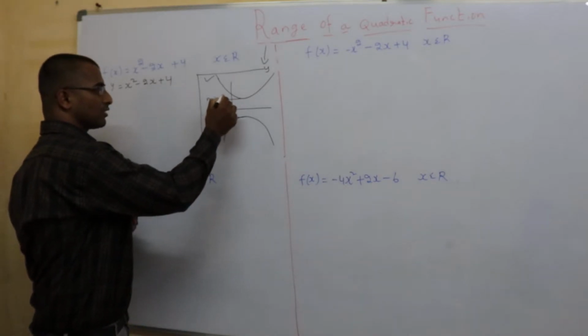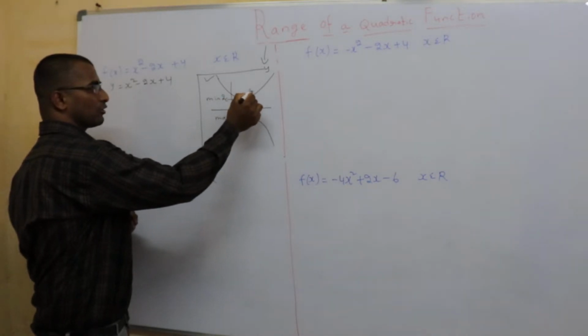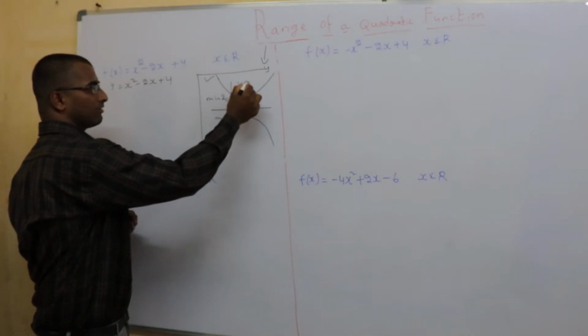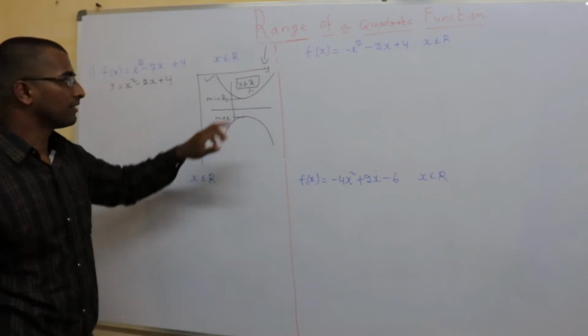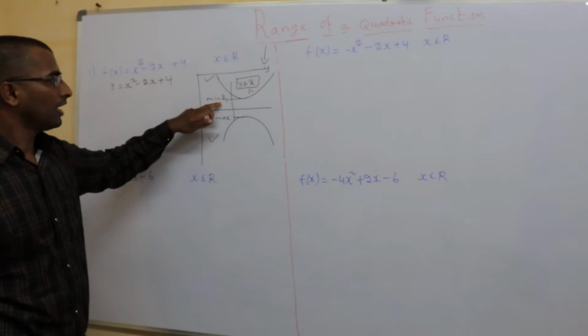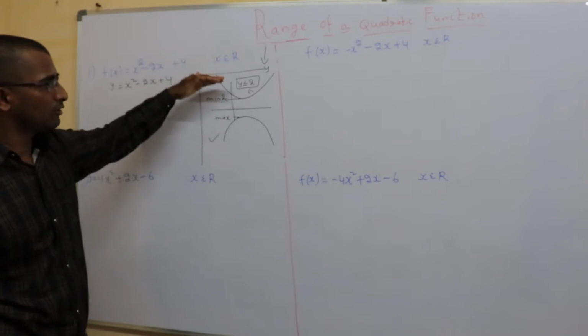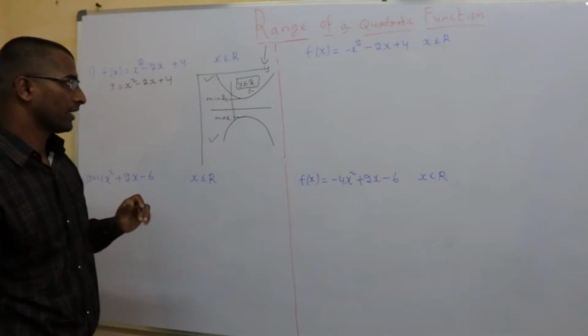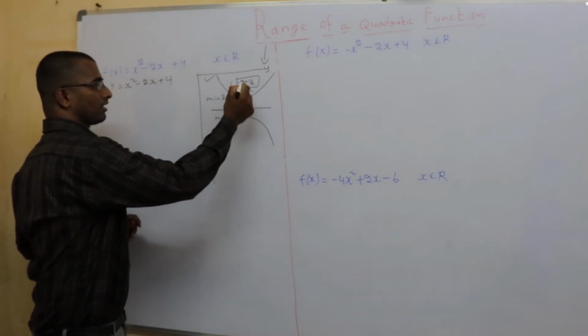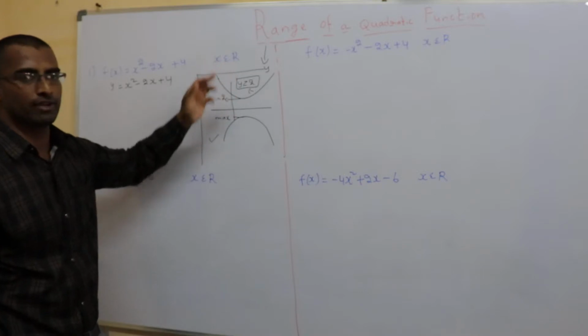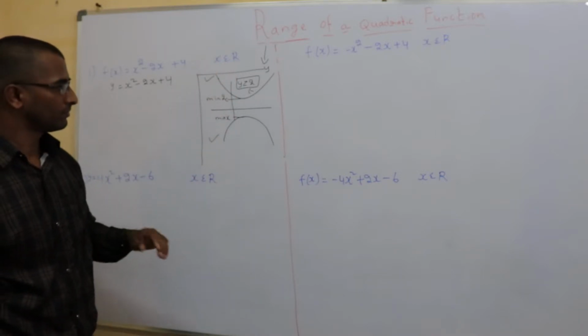Let us say if this is 2, all other values will be greater than 2. Right? So here it has to be the greater than symbol. Since this is a minimum, y is greater than or equal to 2.